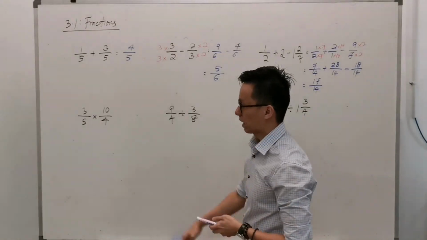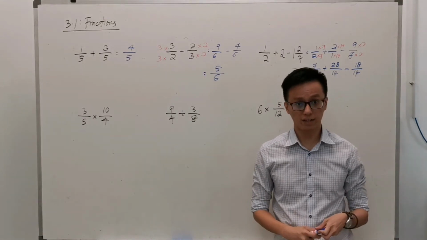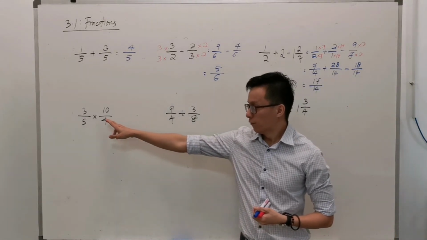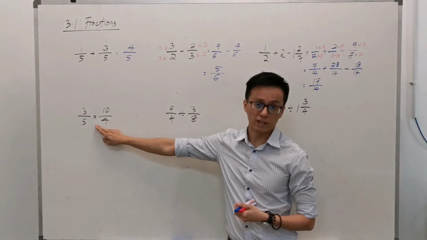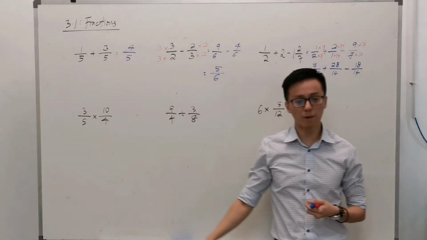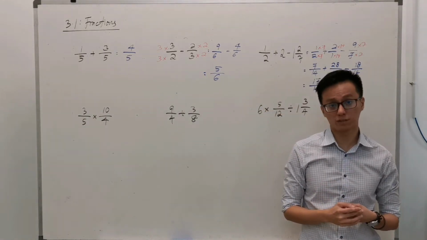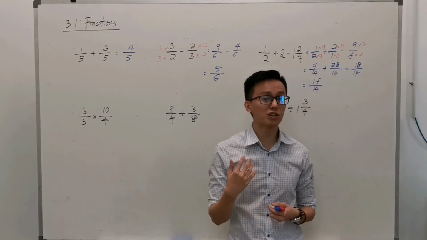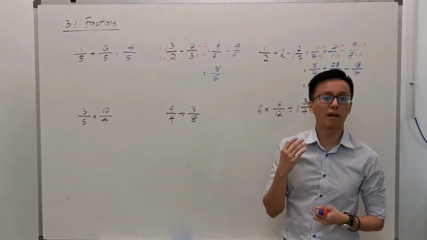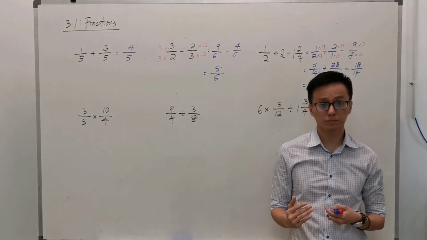So how about the calculation for multiplication and division? For multiplication and division, we also have to remember 2 steps. The first step, we have to do the simplification. The simplification can only be carried out between a numerator and a denominator.